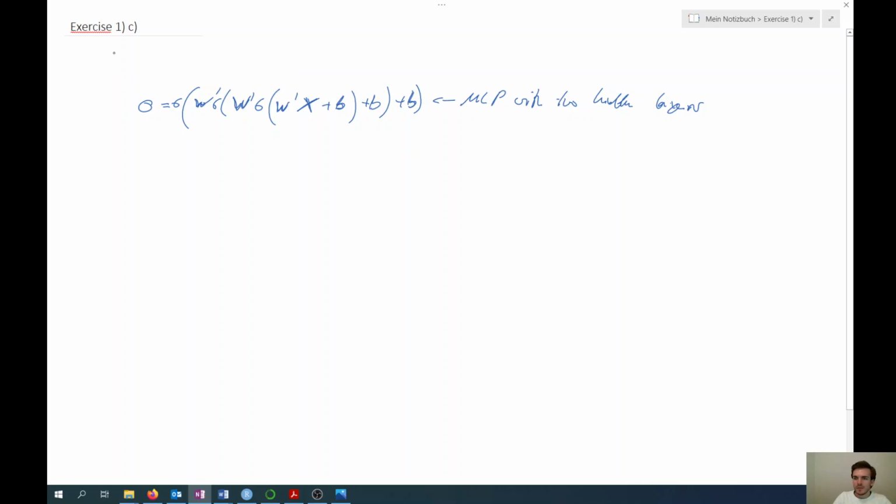The model consists not of multiplication, but of multiple layers of activation functions applied to matrix multiplication.